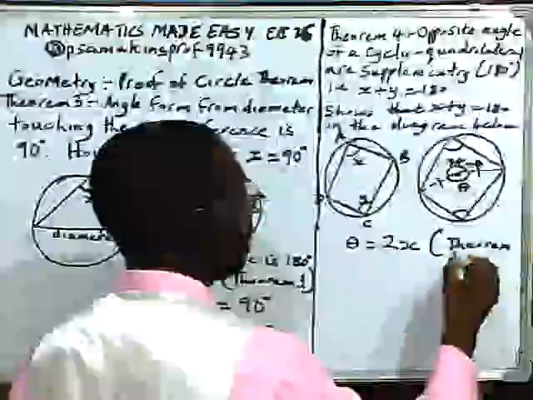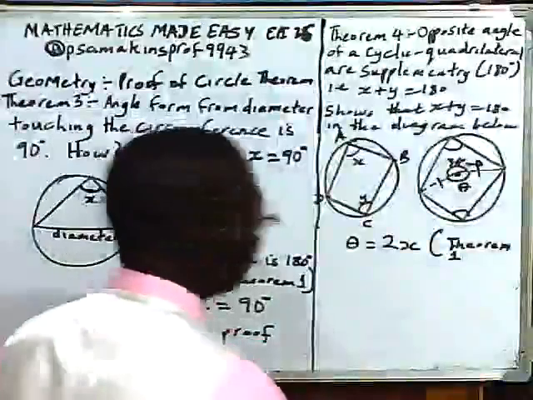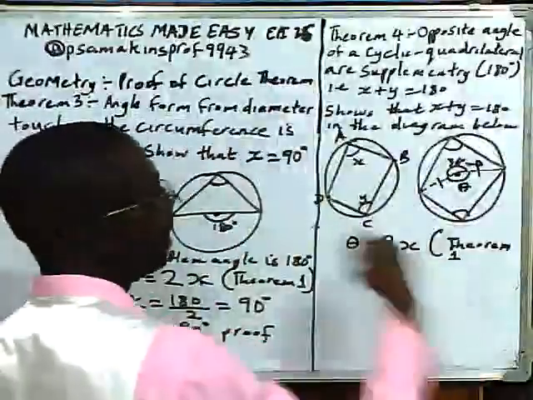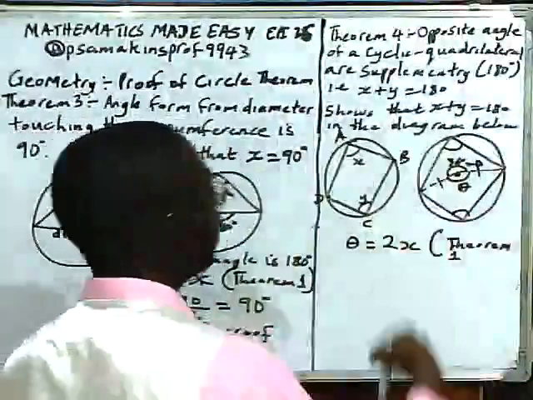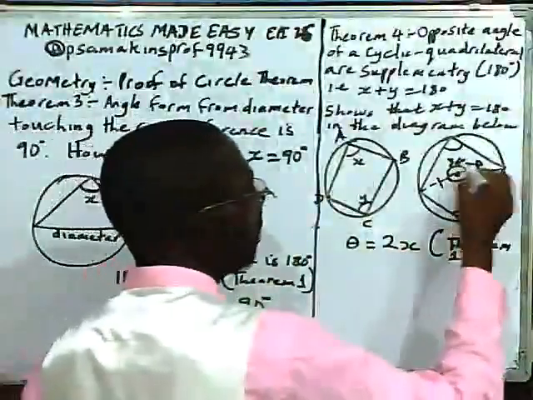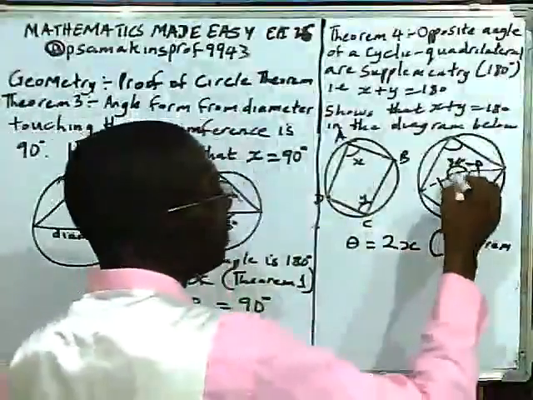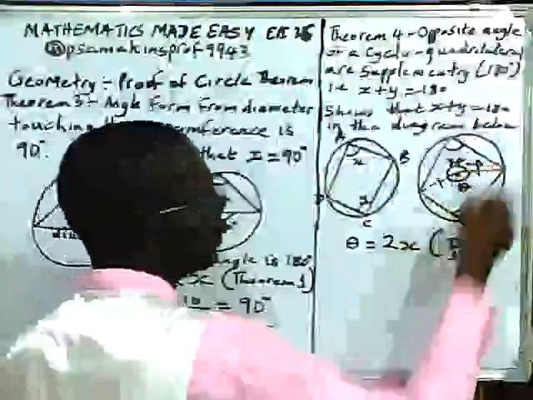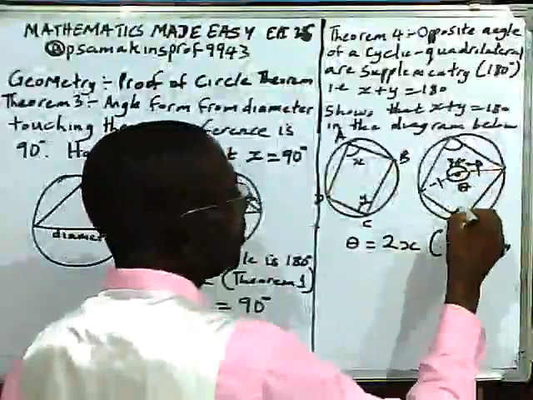That is why I arranged these theorems in this order, so that I can be referring to that theorem. Again, if I look at this one, that same 360 minus theta, let it be this place.